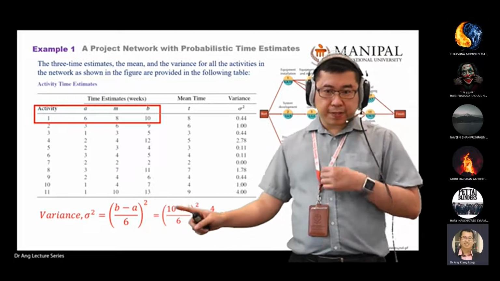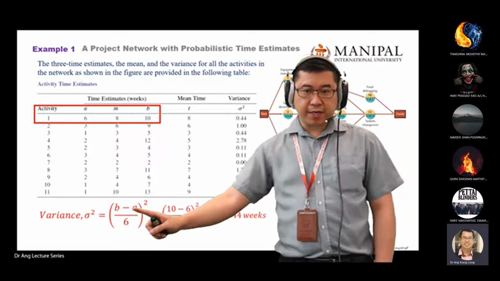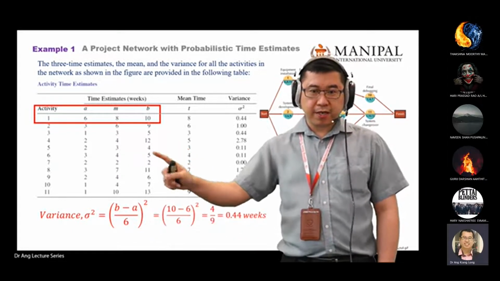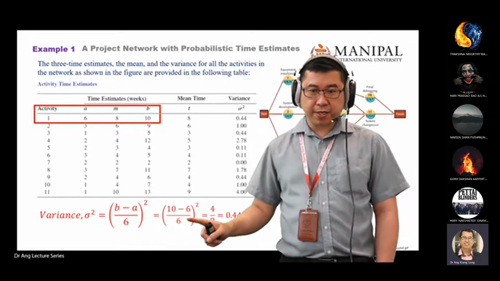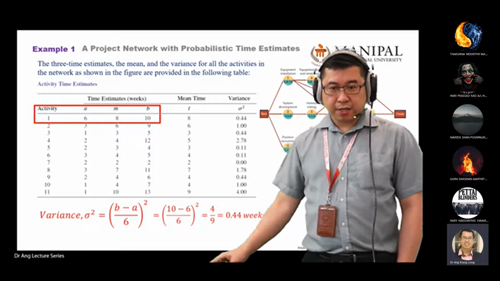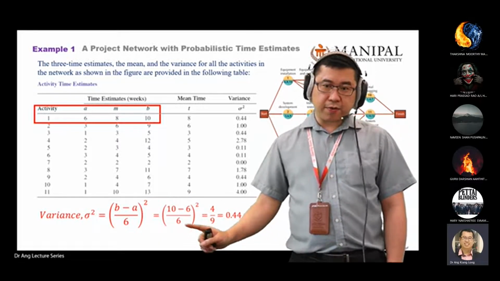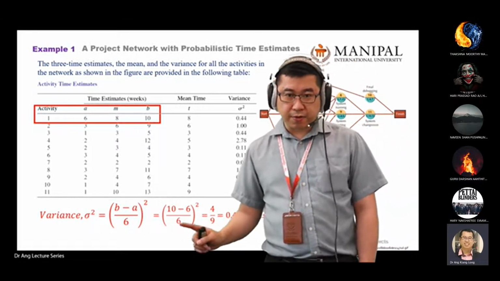Find variance: you square it. What is B? B is 10. What is A? It is here, divided by 6. So (10 minus 6) divided by 6, so here you get 4 over 6.